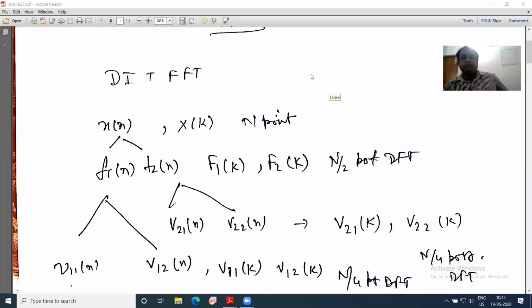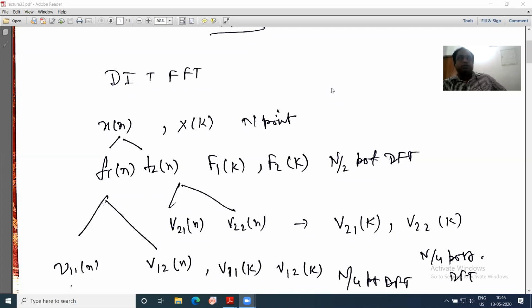Therefore, the larger sequence is divided into smaller sequences, and subsequently we have seen that if we reduce the n while computing the DFT, then this reduces computational complexity to a great extent. That we have seen.